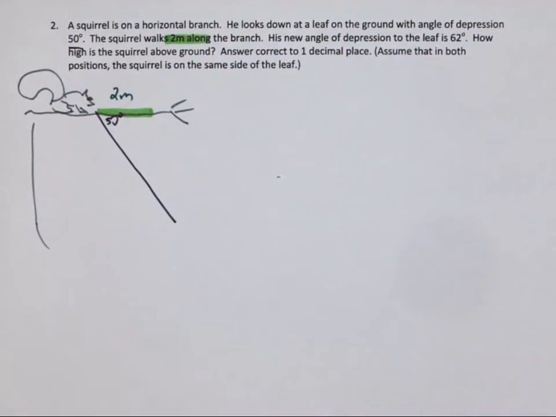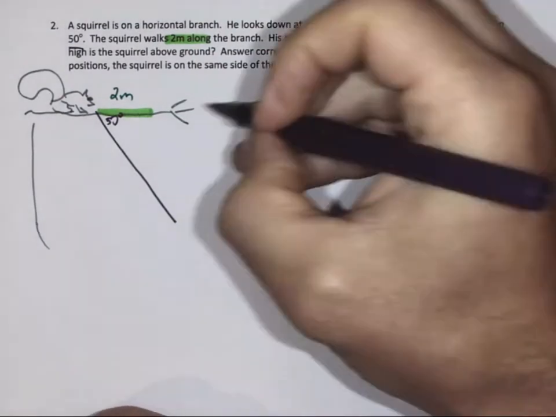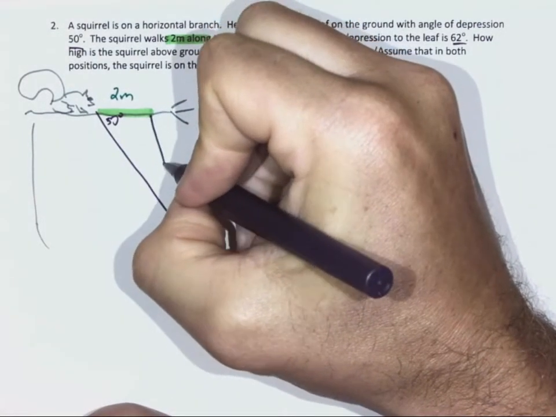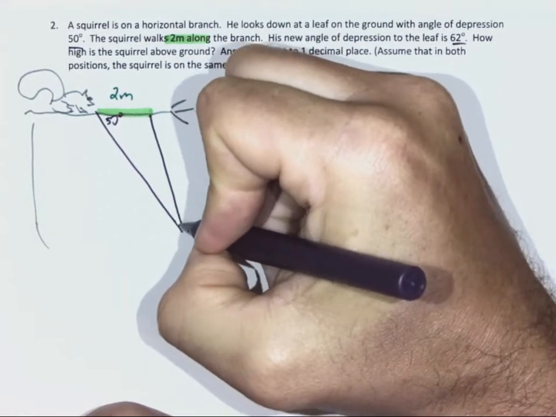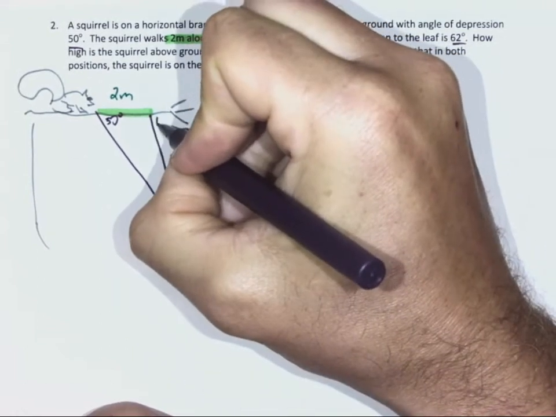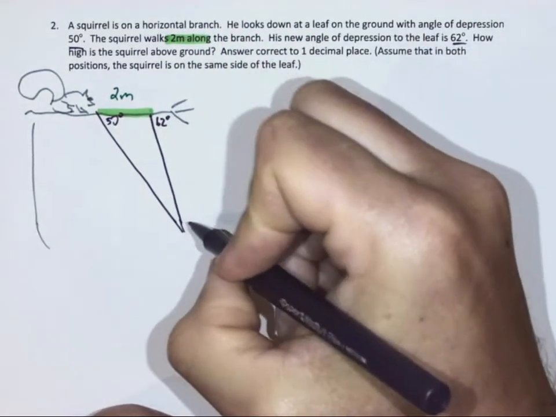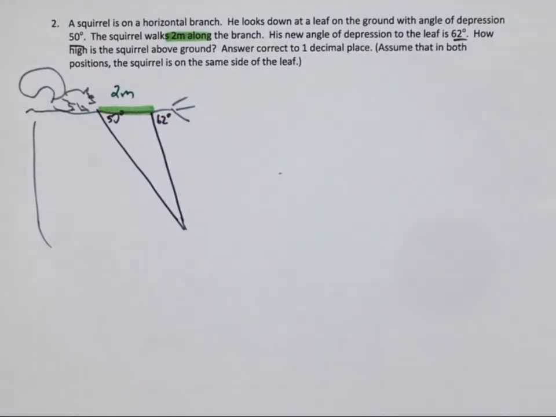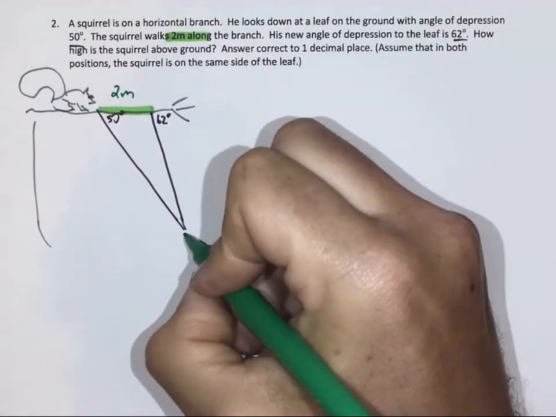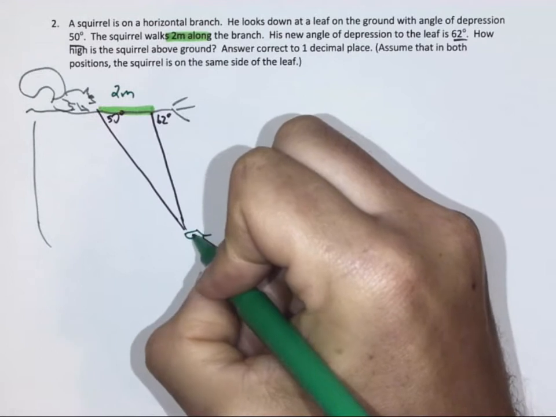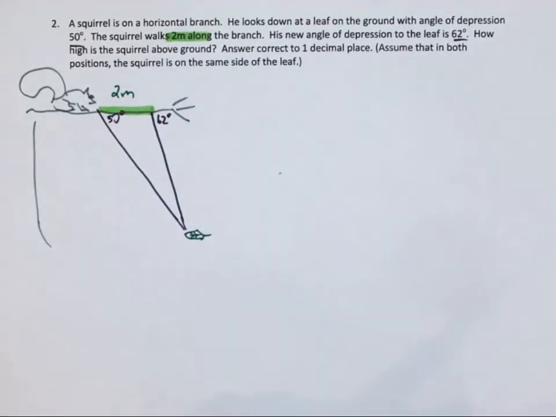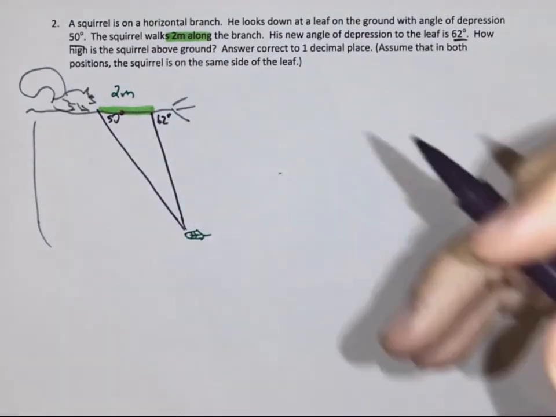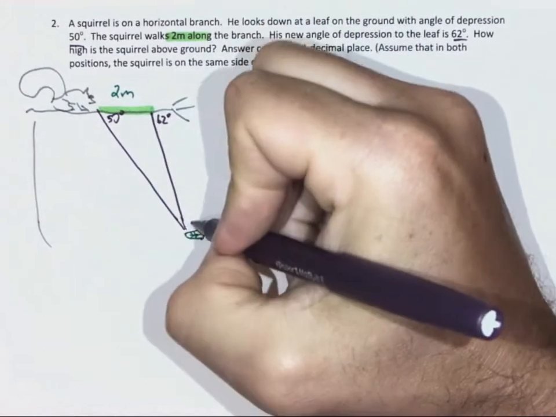And now they look down at an angle of depression of 62 degrees. If our leaf is on the ground there, there we go.